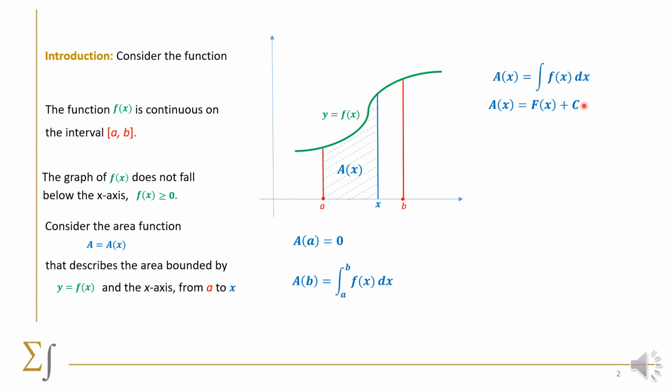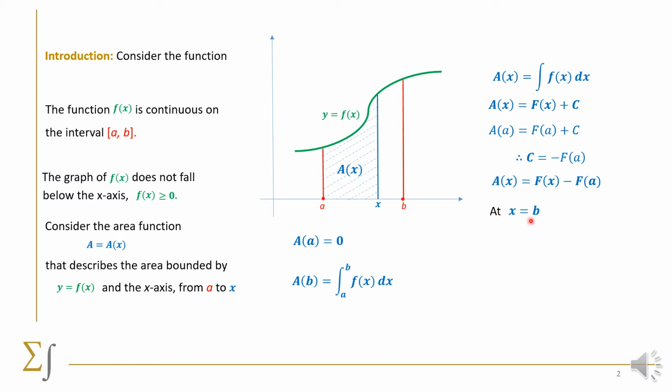In order to find the constant of integration, we plug in a, so we get A of a equals 0, and accordingly c will be equal to minus F of a. And hence, I substitute this minus F of a in this equation. We get A of x is equal to F of x minus F of a.